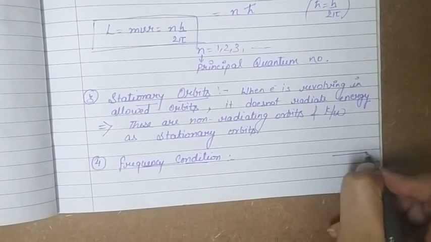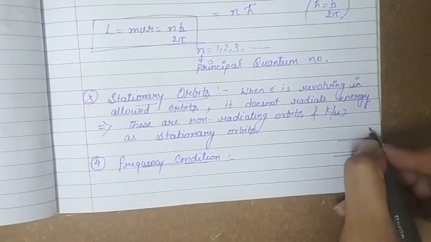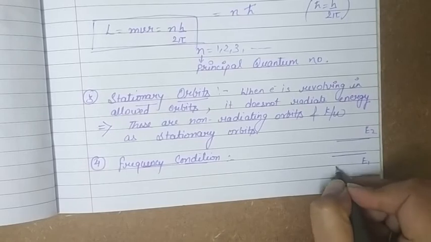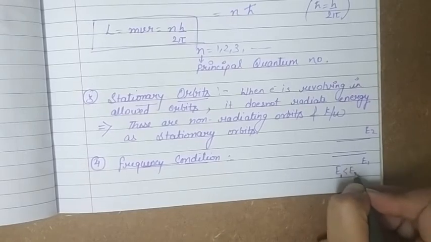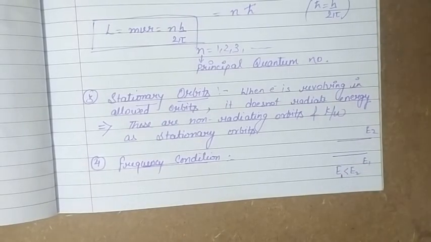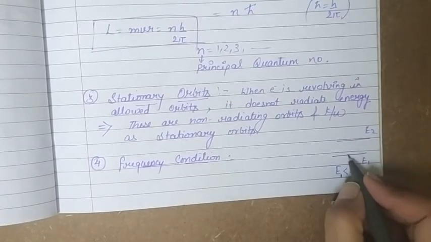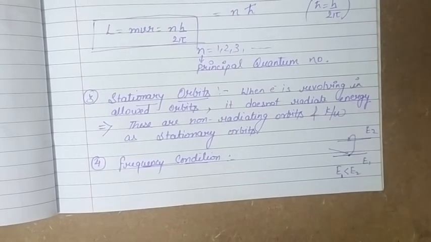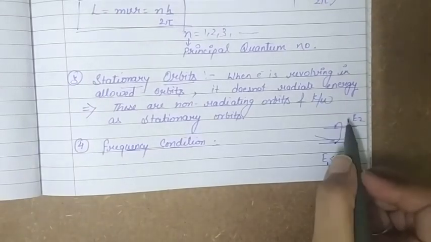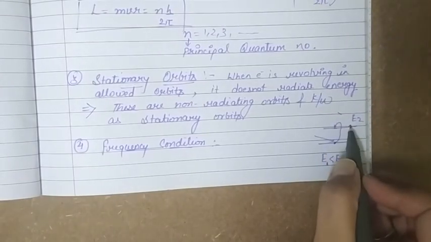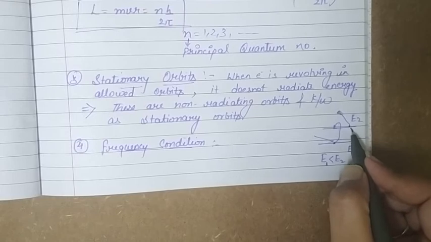Suppose we have two energy levels E1 and E2 such that E1 is less than E2. E2 is the higher energy level, E1 is the lower energy level. These are the stationary orbits in which an electron can revolve. Now an electron at E1 can absorb a photon and jump to E2. Similarly, an electron at E2 can emit a photon and jump to E1.